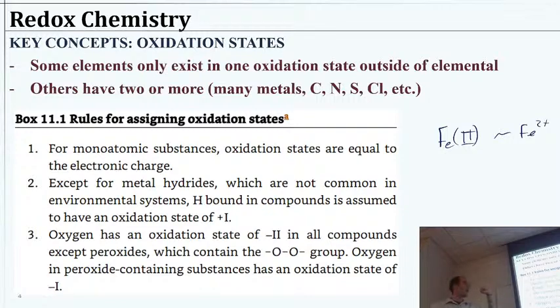So if we have peroxides, it's the OO group, and that per is essentially telling us that this is actually not in the -2 typical state, this is in a -1 state. So peroxide, let's say hydrogen peroxide, H2O2. You could also describe water as dihydrogen oxide, right?